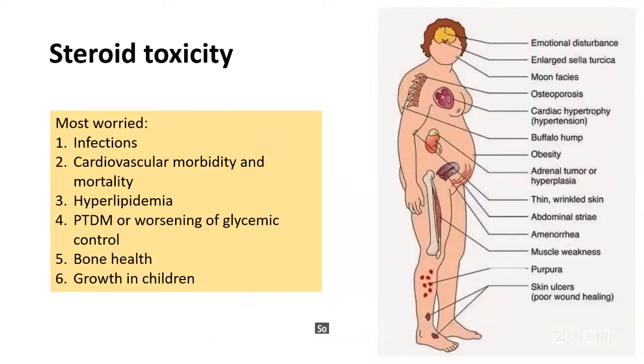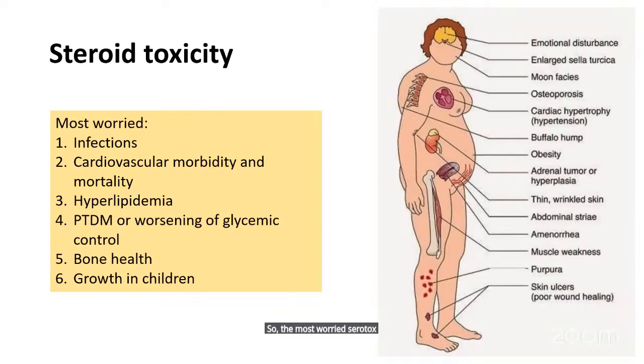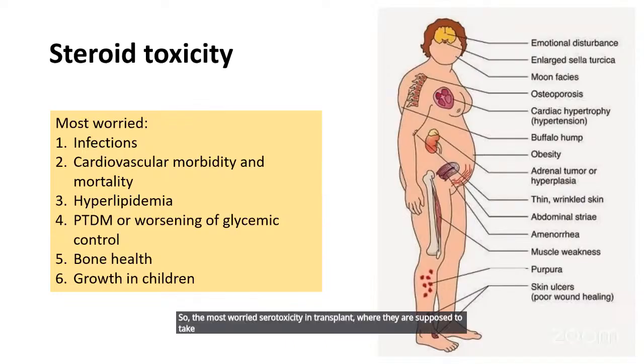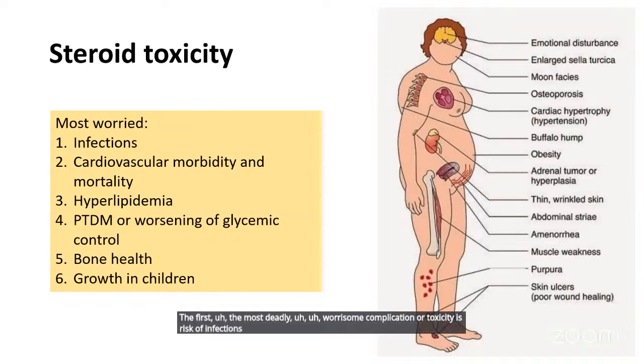So why do we want to reduce steroids or withdraw steroids? Apart from various toxicity that steroids exhibit from head to toe, the most worrisome steroid toxicity in transplant, where they are supposed to take steroids lifelong, the most deadly complication is risk of infections, be it viral, fungal, or bacterial.